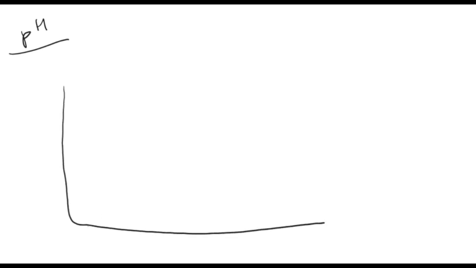Now the next factor that impacts structure is pH levels. The graph looks slightly different. It's more of a bell curve. Again, this would be enzyme activity, this would be pH level.